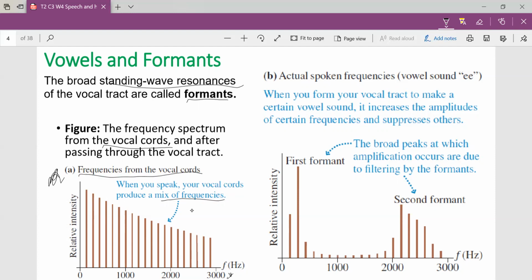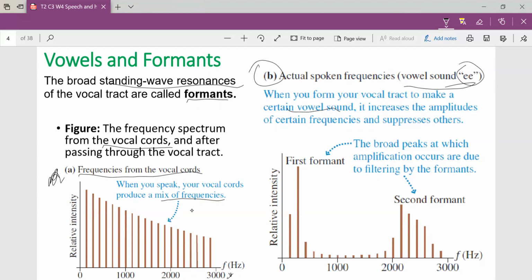Okay, that's sound. Now, importing that idea into the explanation of how we make sound and hear sound, we look at the B part, which is the actual spoken frequency when you make the voice sound A. So when you form your vocal tract to make this particular voice sound, it increases the amplitude of certain frequencies and suppresses some.